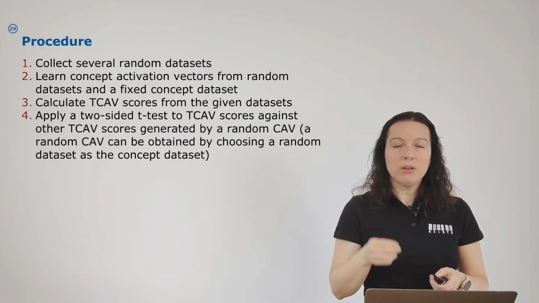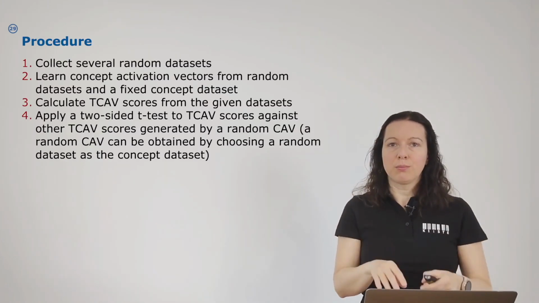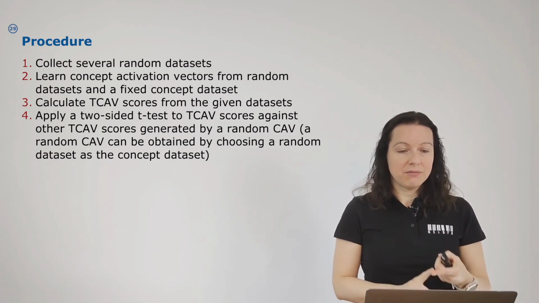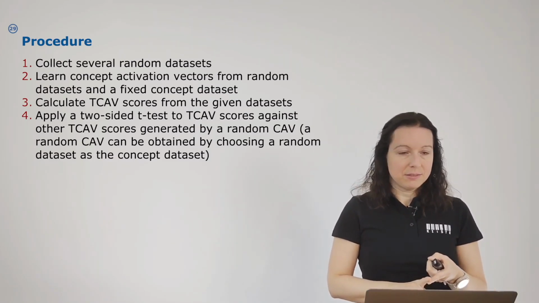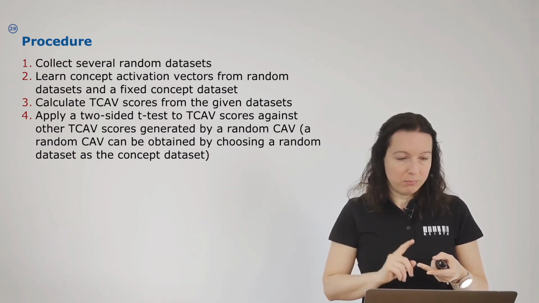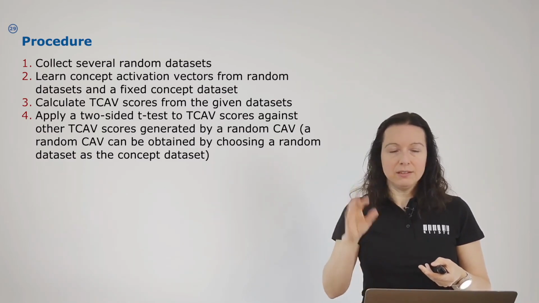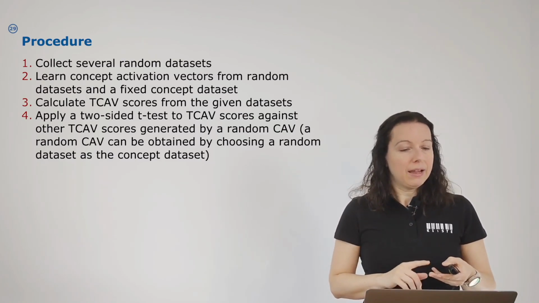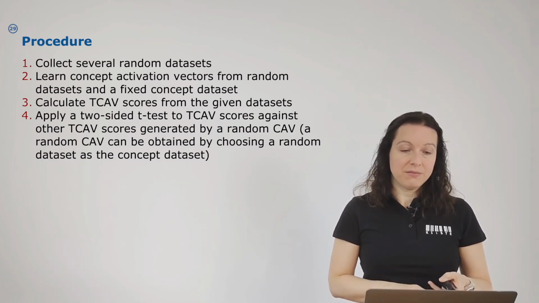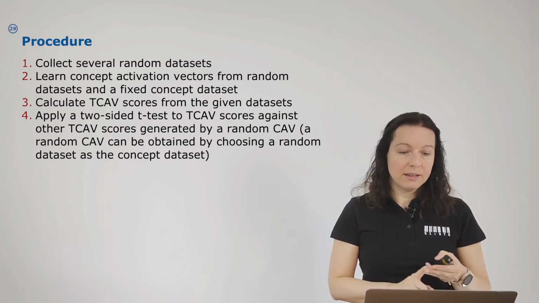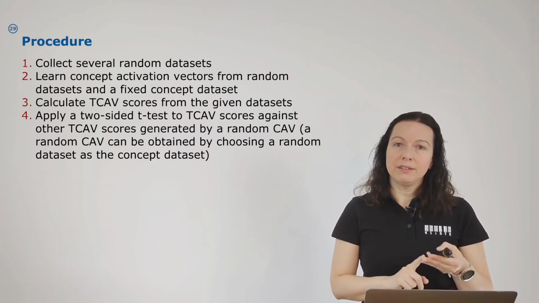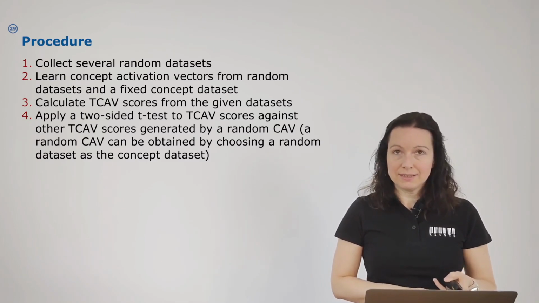So let's go a little bit again through the whole procedure. What you do first is you collect several random data sets, like sheep or dots or something else, not zebra or not stripe, sorry. And then you learn concept activation vectors from a random data set and a fixed concept data set. And you calculate the TCAV scores from the given data sets.